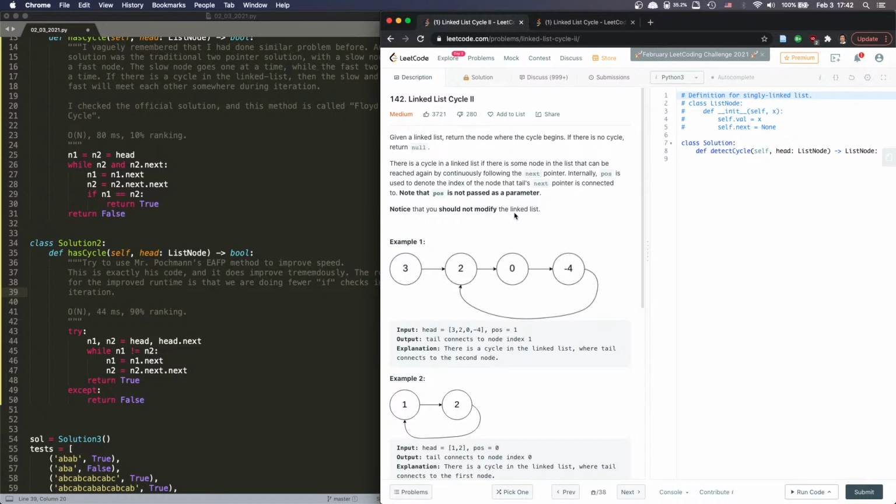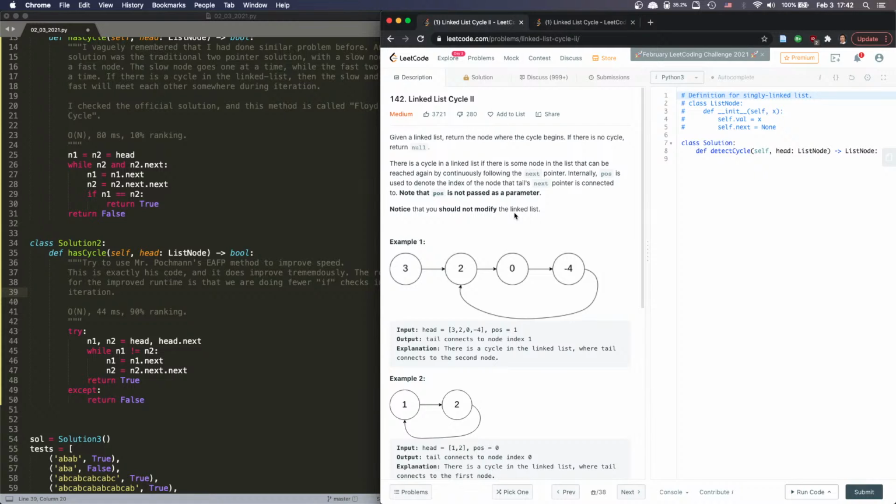Once it catches up, this is the amount of steps that it takes for the fast node to actually catch up. So that's actually twice, because we use the same amount of steps.